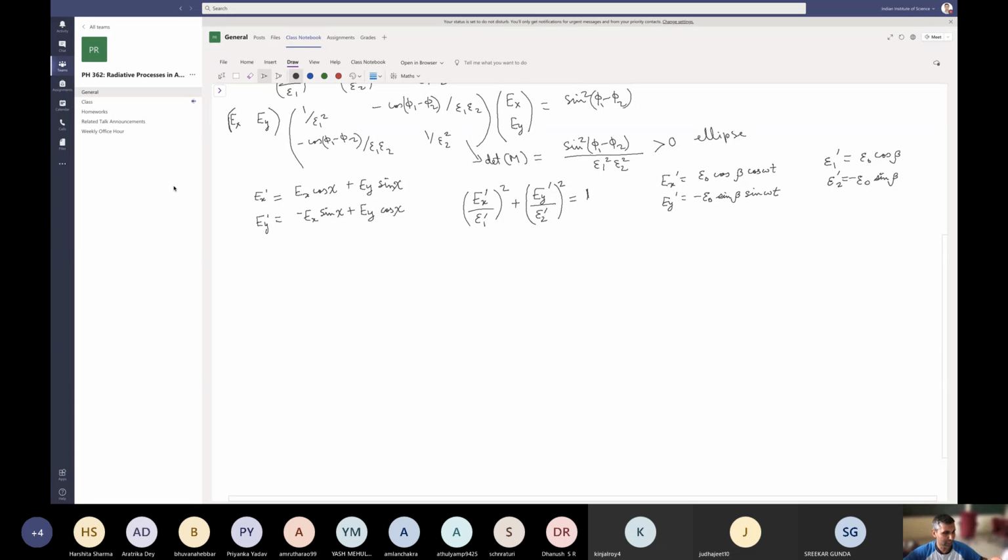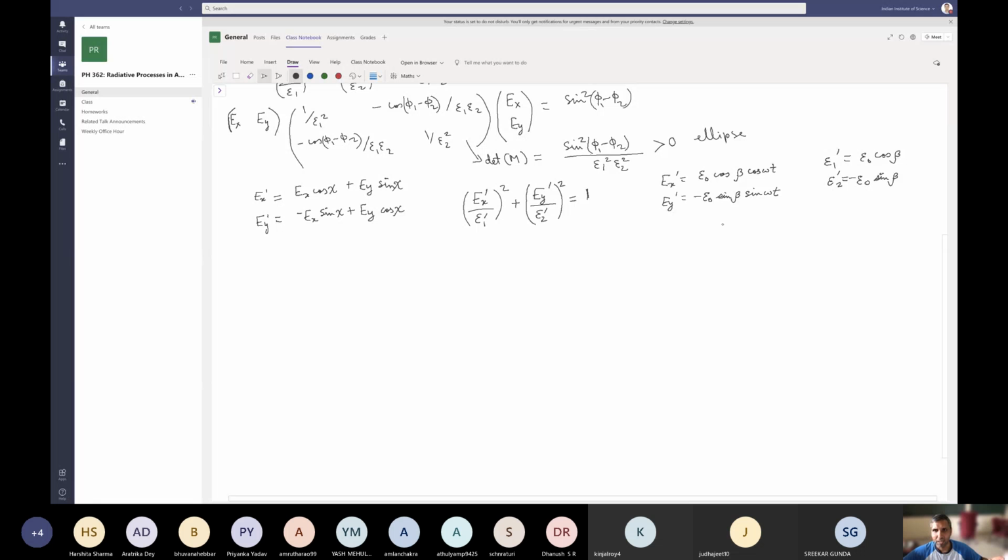This beta is the angle which relates Ex prime and Ey prime. We'll actually come to that. This is a claim, and I will show that this claim can be justified.